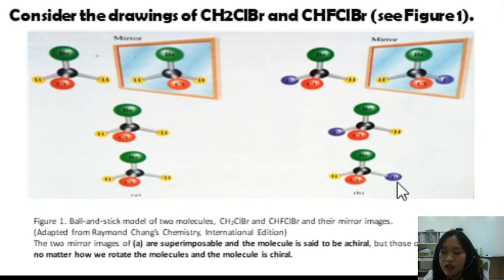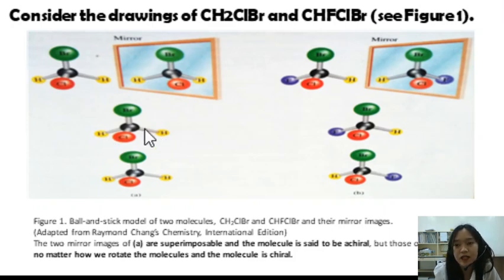Why is this superimposable and not chiral? Because your CH2ClBr is not a chiral carbon atom. It has a plane of symmetry, because the two hydrogen atoms are the same functional groups.